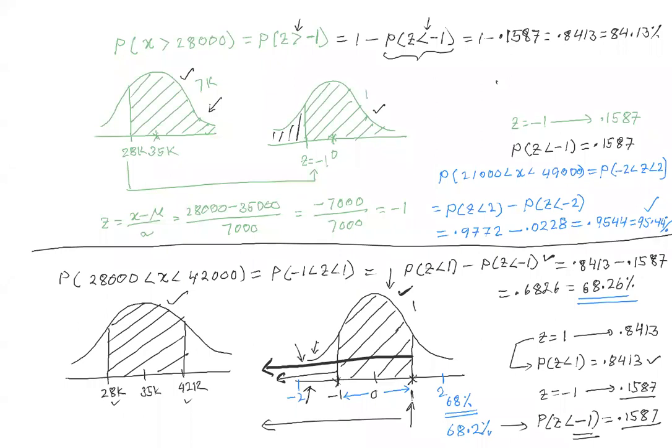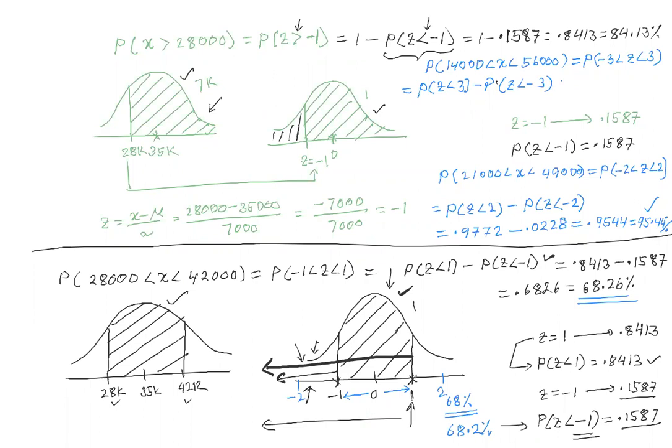Now, if you go three standard deviations, there will be the probability of 14,000 less than X less than 56,000, which is the probability of -3 less than Z less than 3. By the way, that is the probability of Z less than 3 minus the probability of Z less than -3.